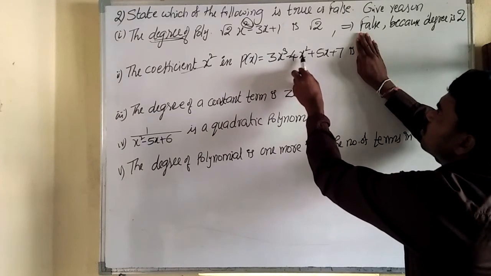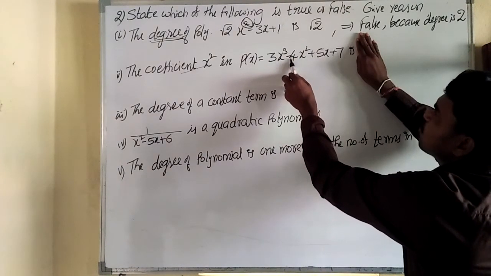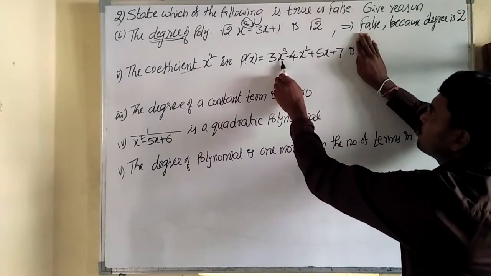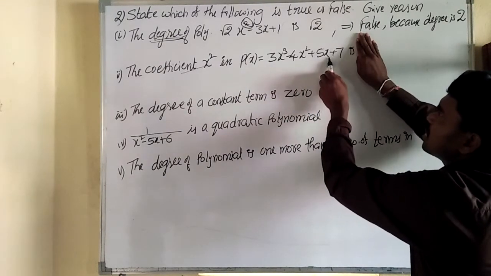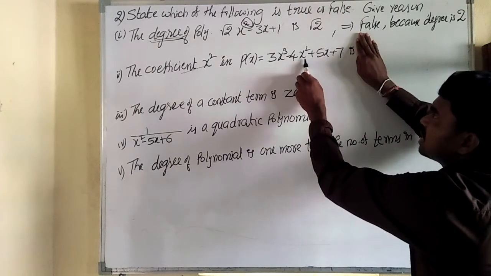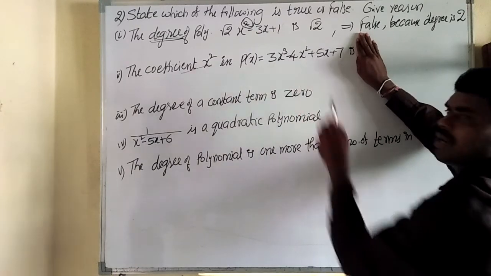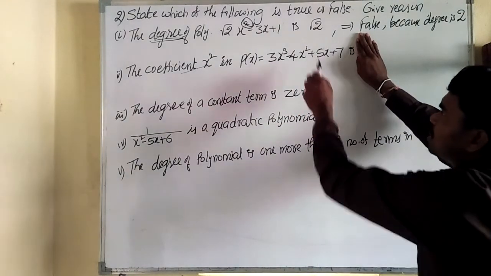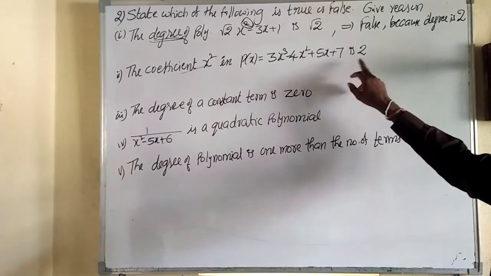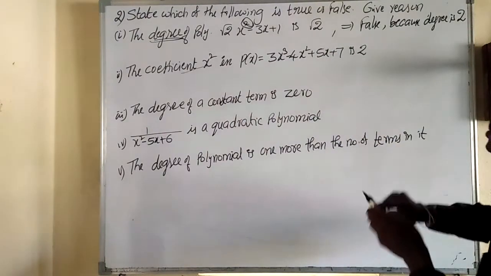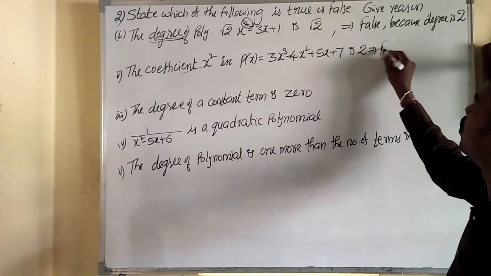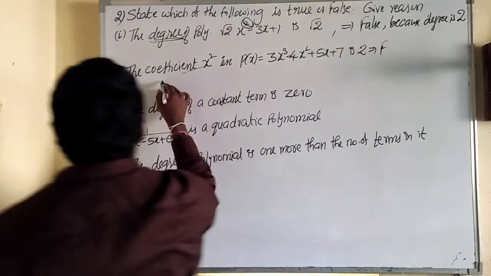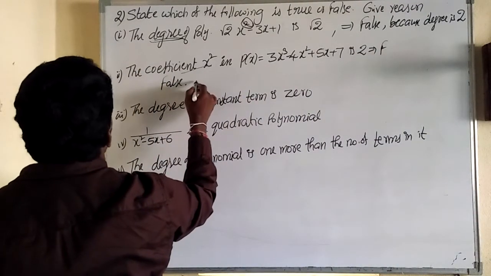Yes, the x square coefficient is minus 4. X cube coefficient 3. X coefficient 5. What is the x square coefficient? Minus 4. But what is given? Plus 2. Is it true? No. False.